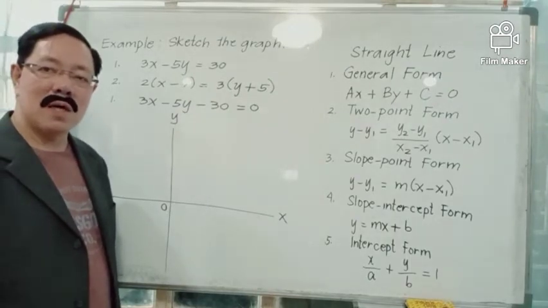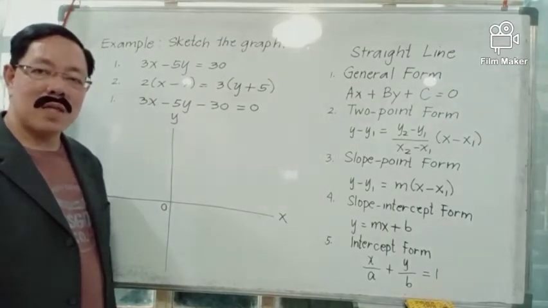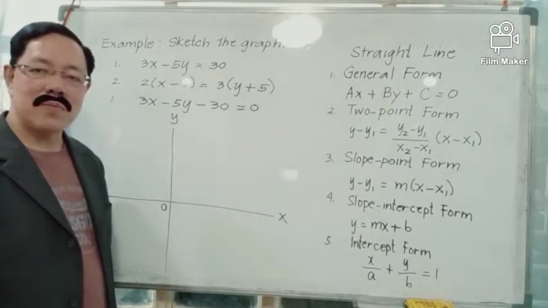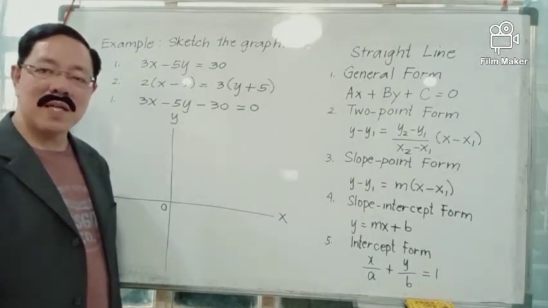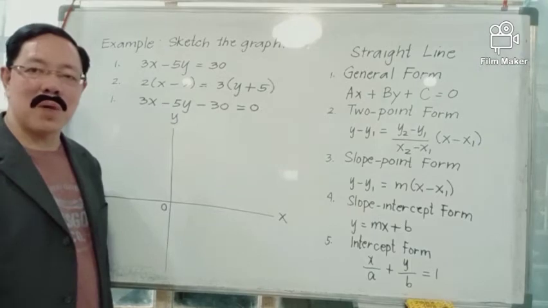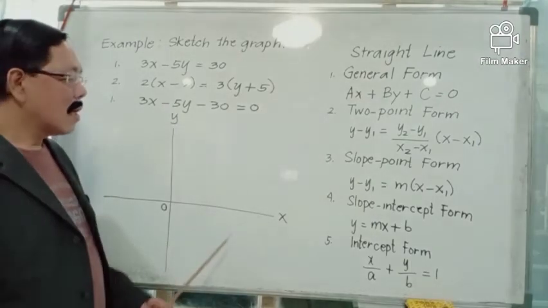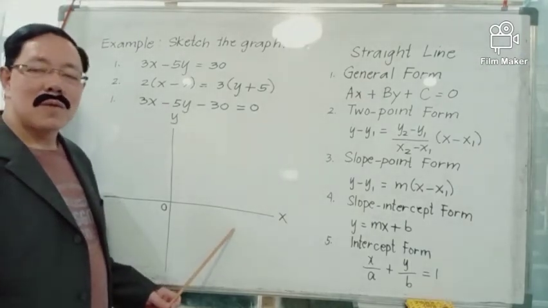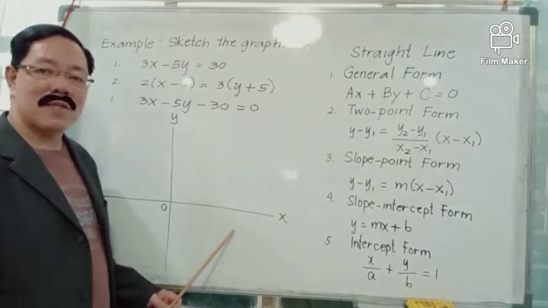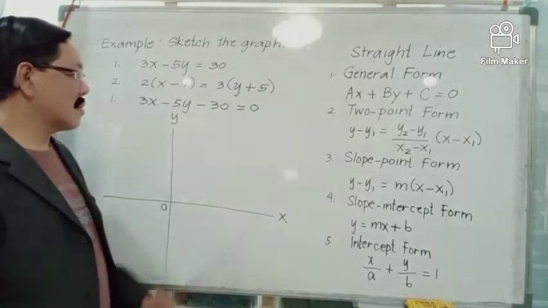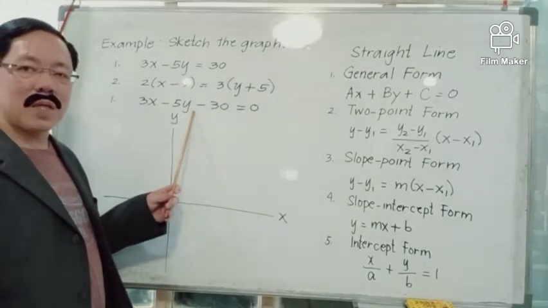And so the value of y at the x-intercept is 0. Thus, to find the x-intercept, we set y to 0 in the equation of the line.